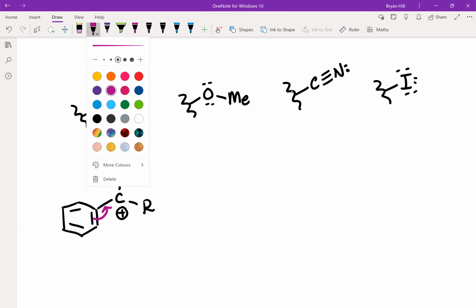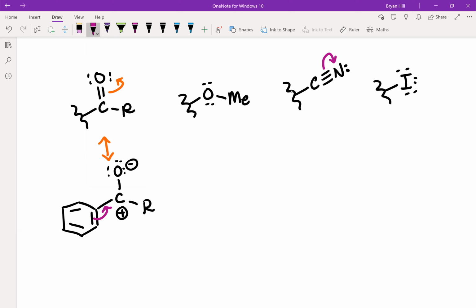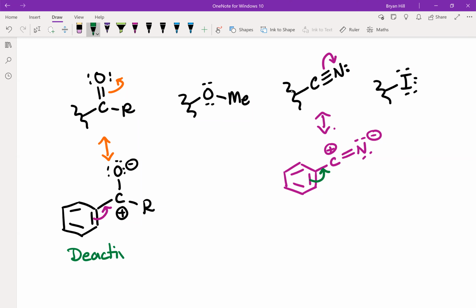And a similar situation way over here. If we move the pi electrons onto the more electronegative group, then we can pull electron density out of the ring to go to that positive charge on carbon. So both of these will therefore be deactivators.